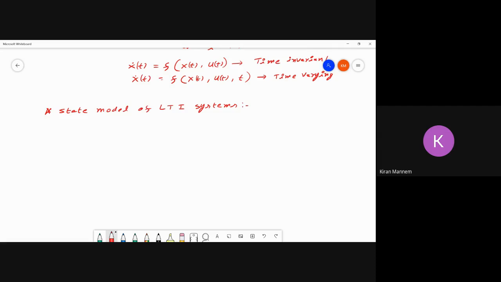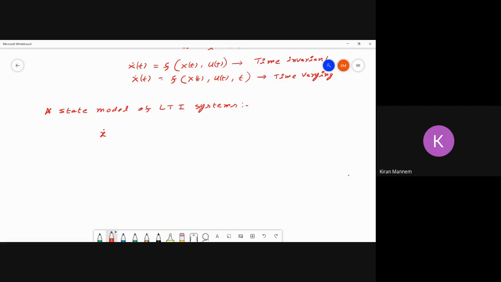Since it's a linear time invariant system, your state variable first order differential equations can be represented as a linear summation of the input variables and state variables. So let us write those equations. In the place of function, you have linear combinations of all elements.